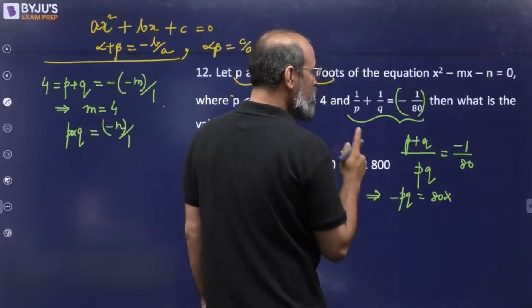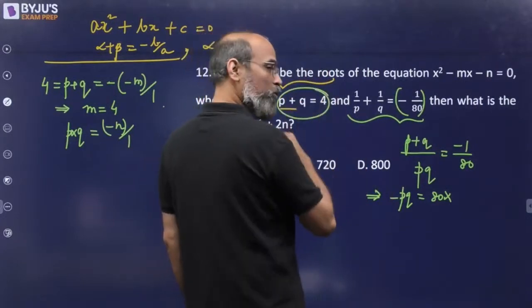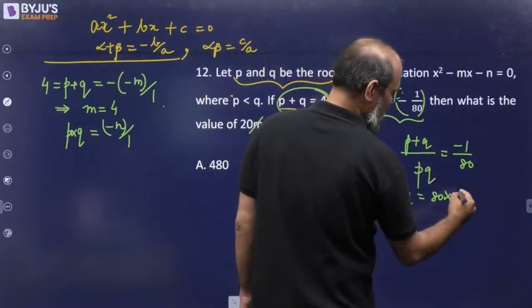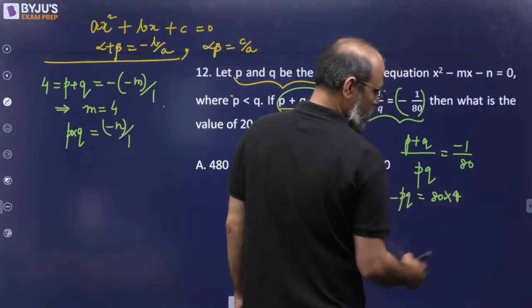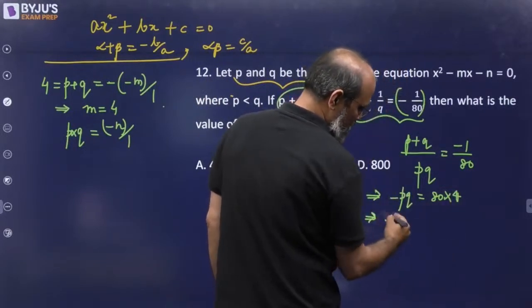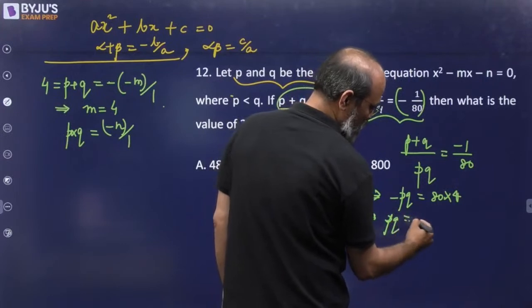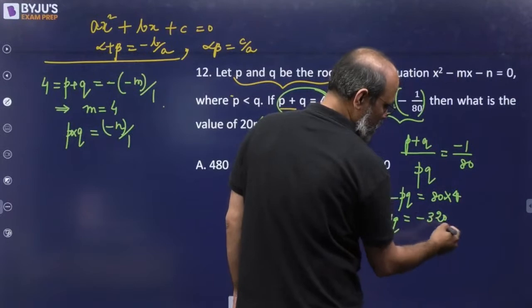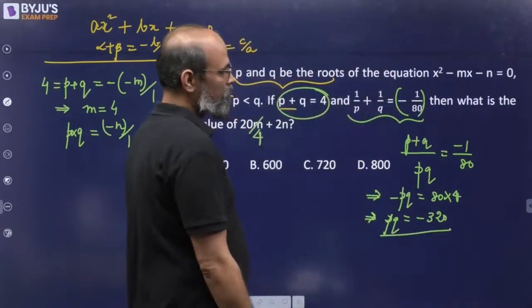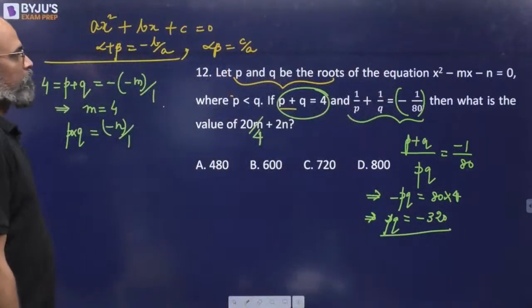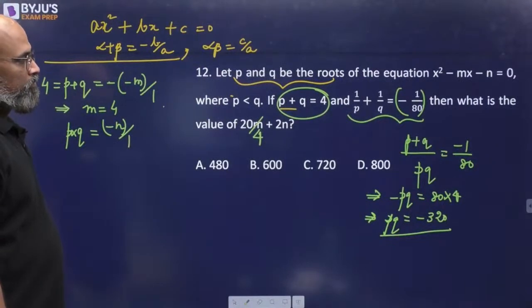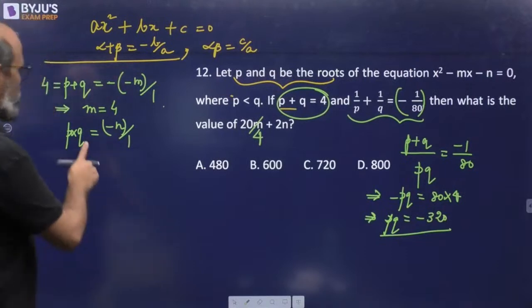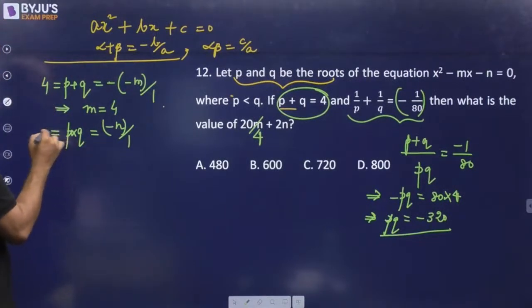Now, if I cross multiply, I'll have minus pq is equal to 80 into p plus q, right? And what is p plus q? We already know what p plus q is. So this is going to be 80 into 4. So from here, can we say pq is going to be minus 320? So p into q is minus 320.